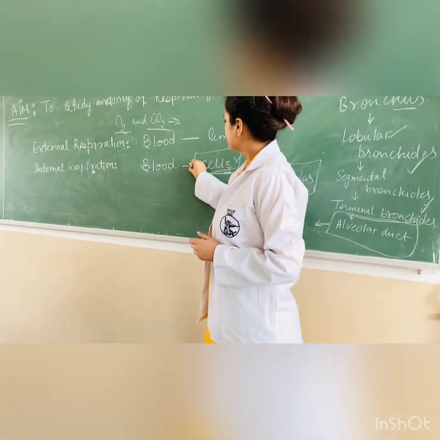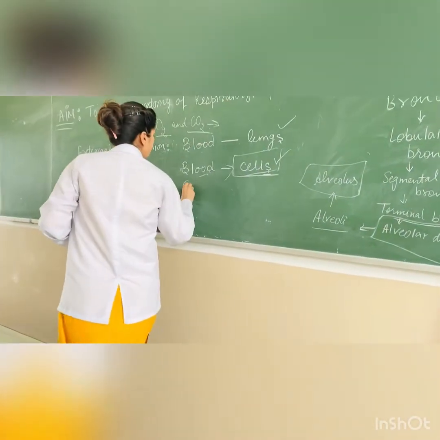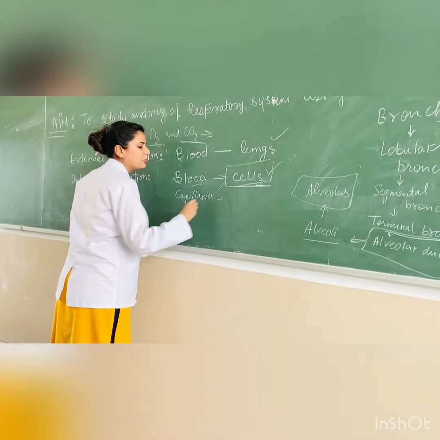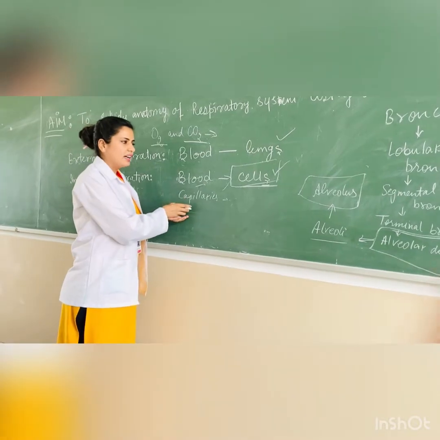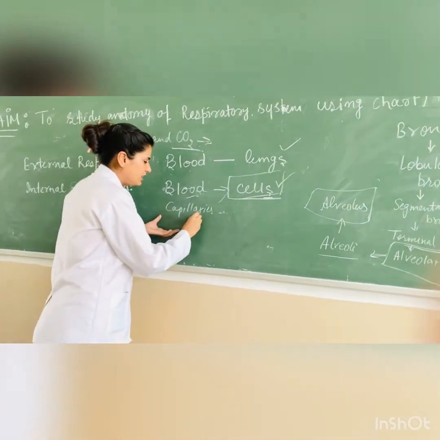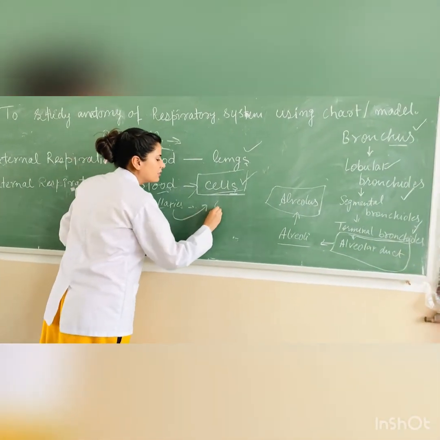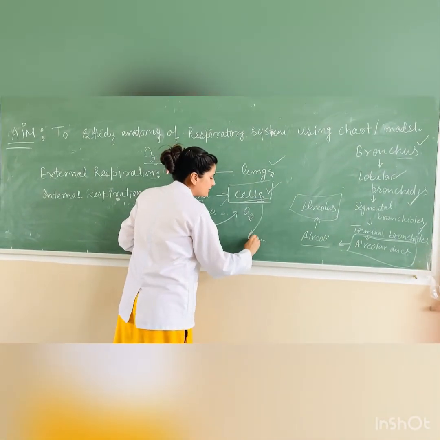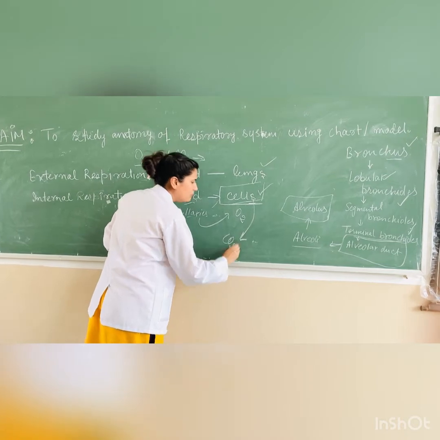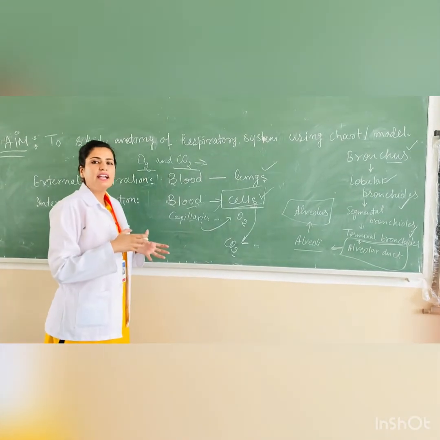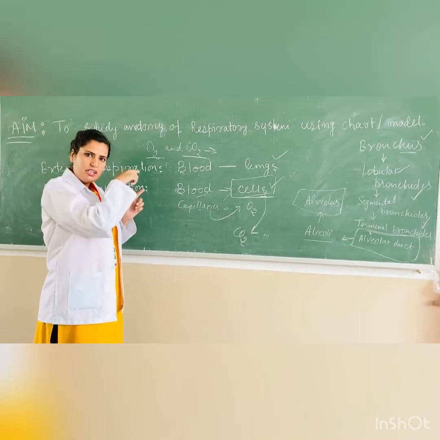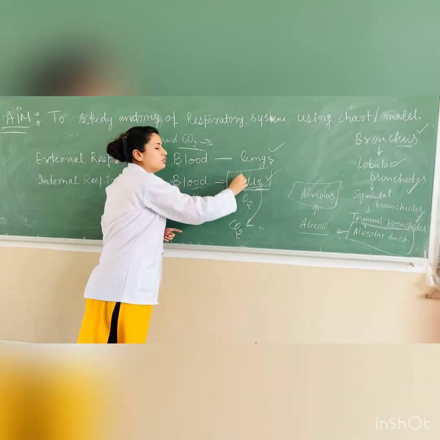From the blood capillaries, again the process of diffusion will occur, and the oxygen from the blood capillary will be diffused into the cells, and the carbon dioxide will be diffused out, and it will come out by the same route from where the oxygen was delivered to the cell.